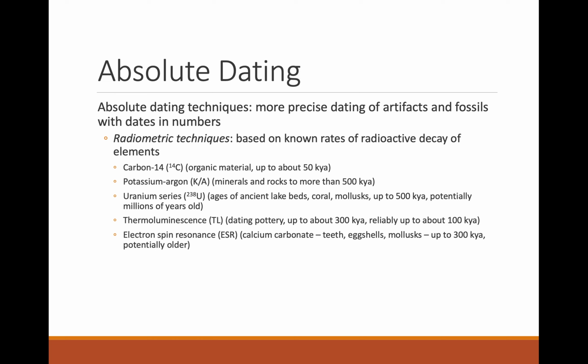But anyway, thermoluminescence is very reliable up to about 100,000 years ago, potentially can date up to about 300,000 years ago. And then we've got things like electron spin resonance that can date calcium carbonates. This can include teeth, bones, eggshells, mollusks, potentially older than 300,000 years.